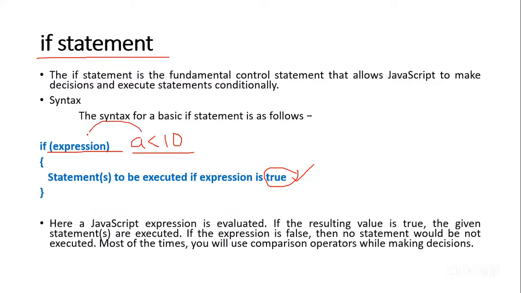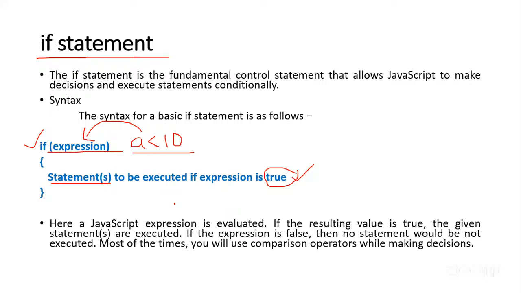So like that, generally we use conditions in place of the expression while working with the if statement. If this condition is true, then the statement or the set of statements will be executed. In this, you must understand that if the condition becomes false, we are not specifying any particular task here. We are discussing only one path, that is the true path. If the expression is true, what do we need to implement?